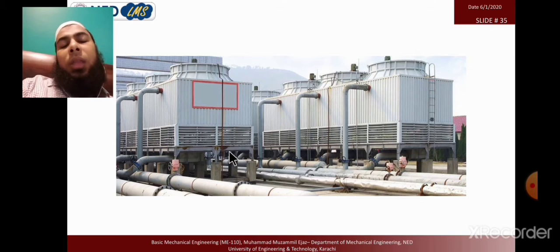So the air contacting the hot water also rejects heat, like the temperature of condenser water is 60 or 65 degrees centigrade, and outside air temperature is 35. So it is rejecting heat in this way.